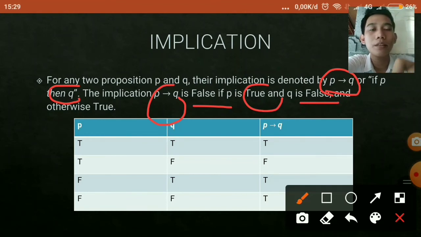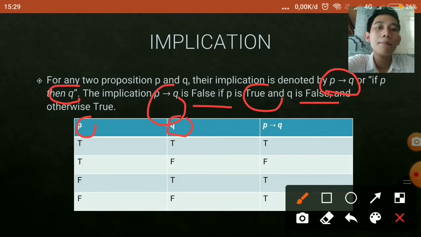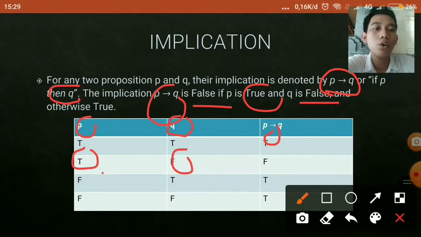Example, in the truth table, if P is true and Q is true, then if P then Q is true. If P is true and Q is false, then if P then Q is false.